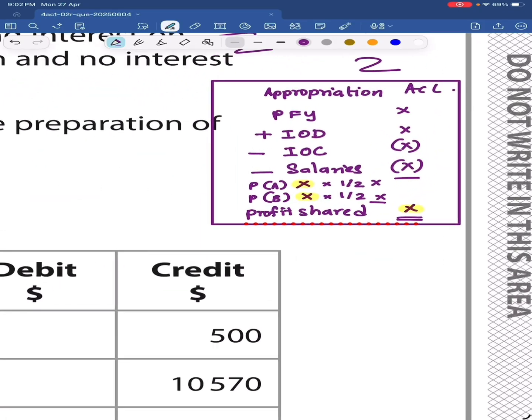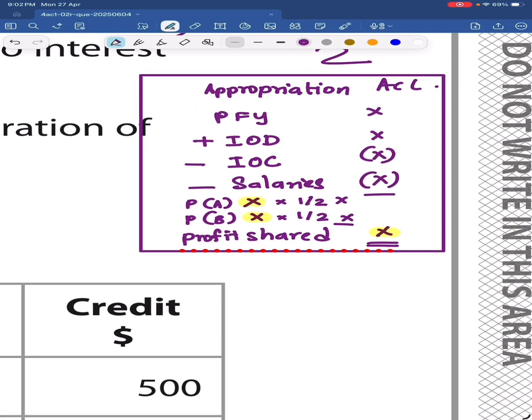You should remember the format of a partnership appropriation account. They add profit for the year, plus interest on drawings, deduct interest on capital, deduct salaries, and then you find the profit shared between the two partners.